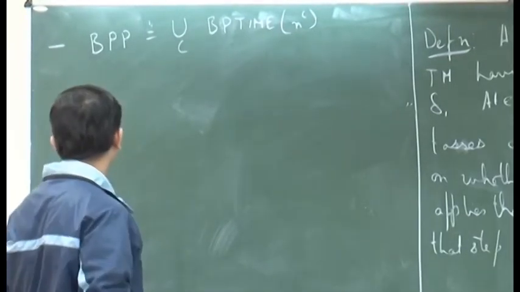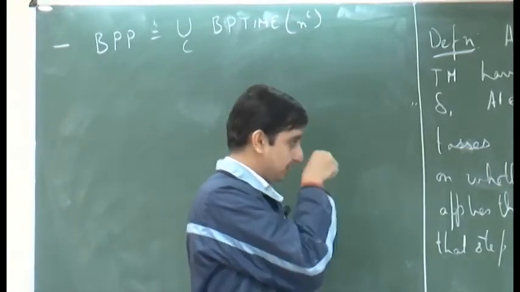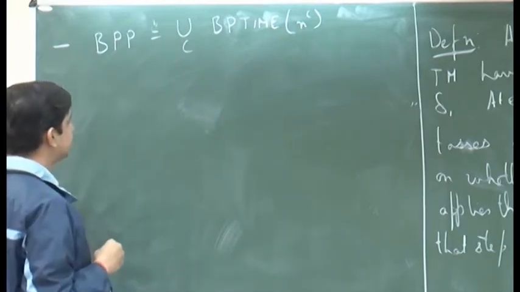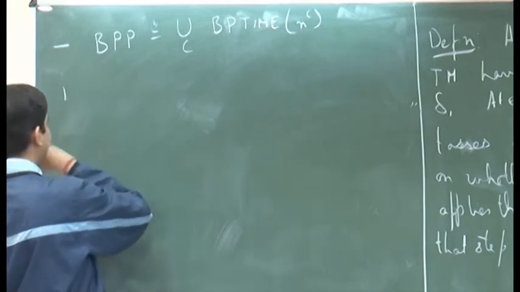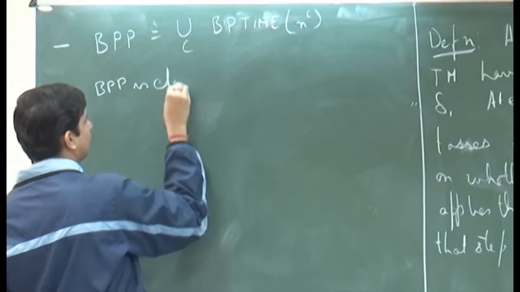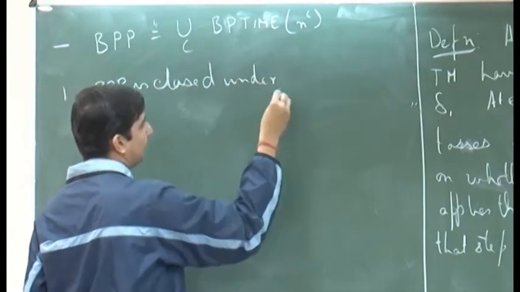Okay. So, now what can we say about BPP? Let us focus on this class. So, the first thing is that if you look at the definition, you can immediately conclude that BPP is closed under complement.